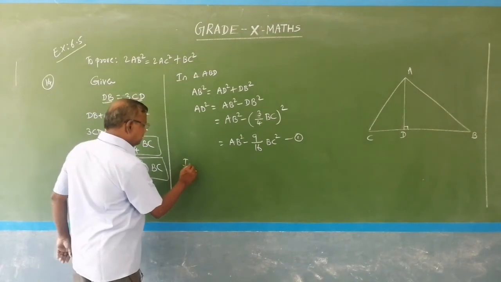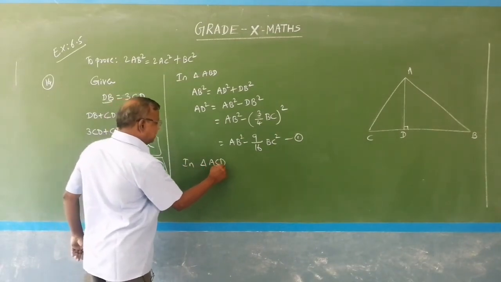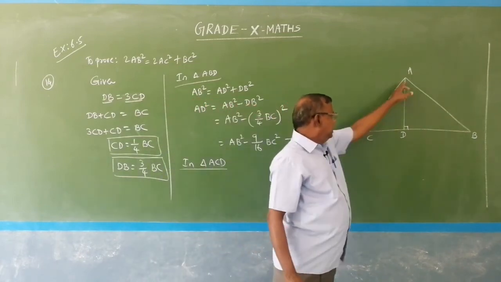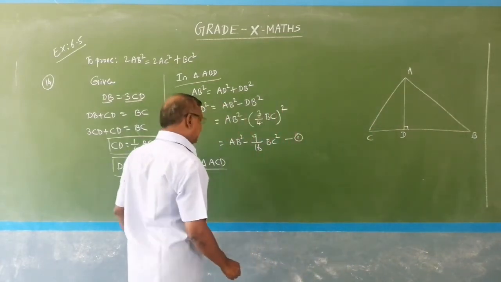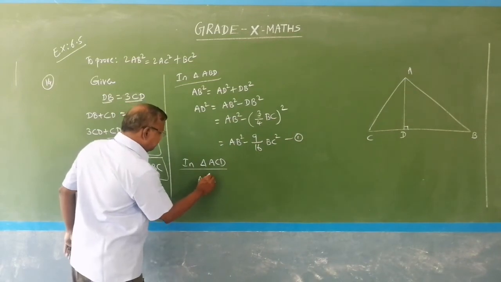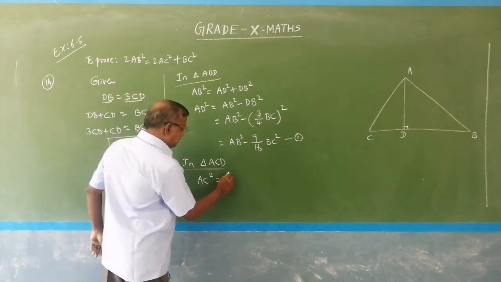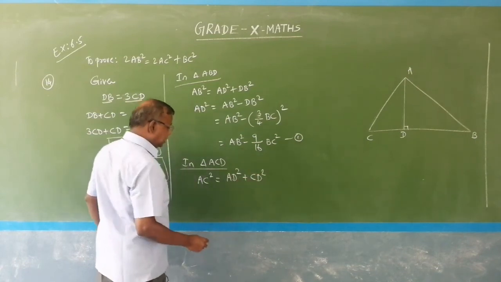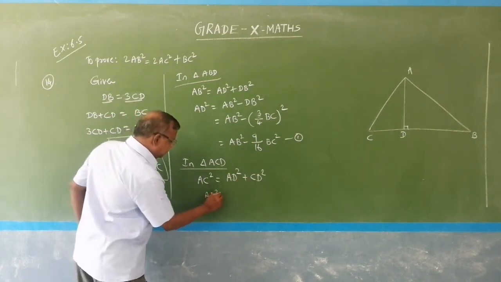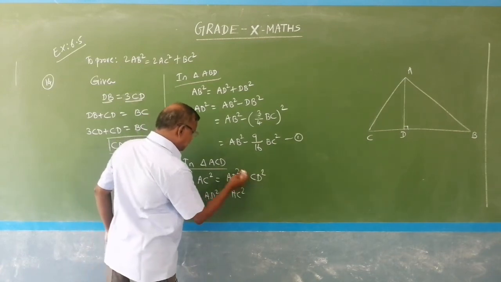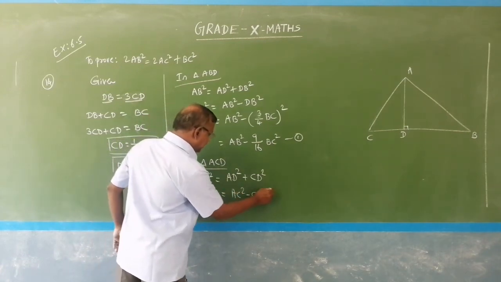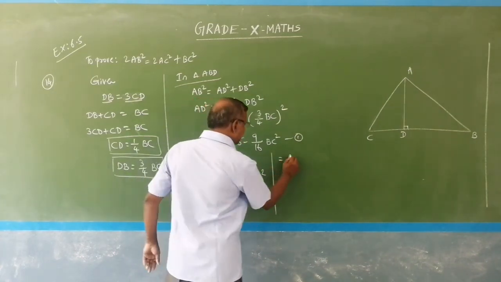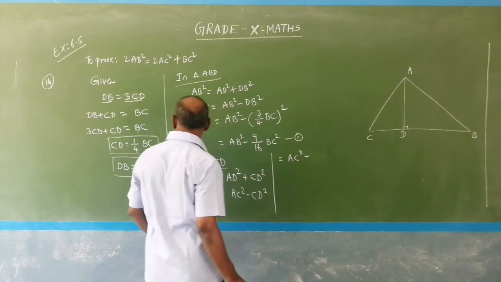Now, consider the other triangle ACD. So, in triangle ACD we have AC square equal to AD square plus CD square. It is also a right angle triangle. So, the hypotenuse AC square equal to AD square plus CD square, or AD square equal to AC square minus CD square, that is equal to AC square minus, what is CD?